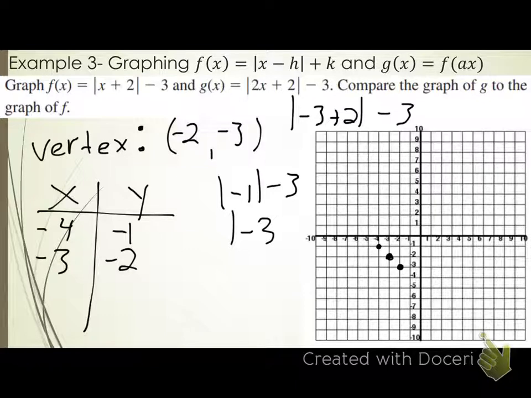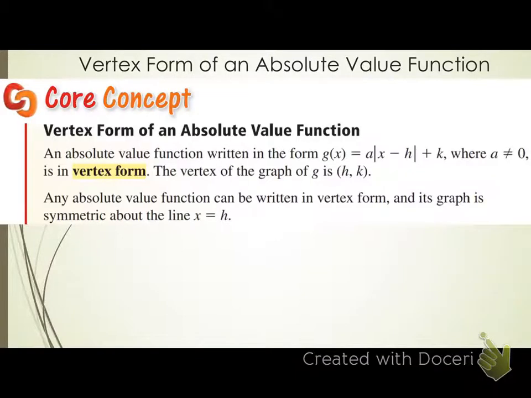And then we said -2, -3 was our vertex. From here, there's two directions I could go. I could get 2 more points to plug in that are to the right of -2. Or, what else do I know about an absolute value function in vertex form? What does that bottom sentence say?